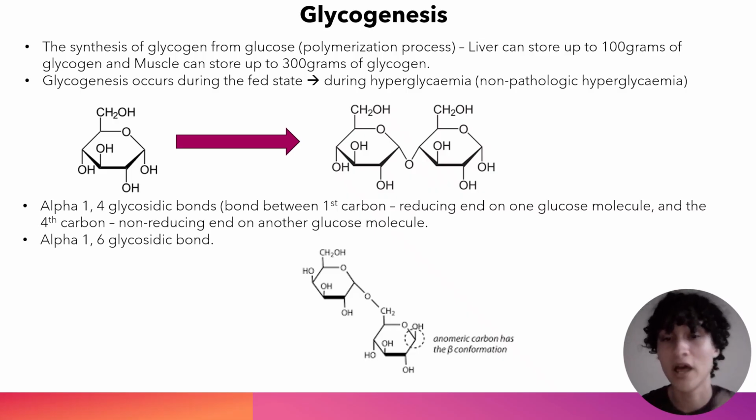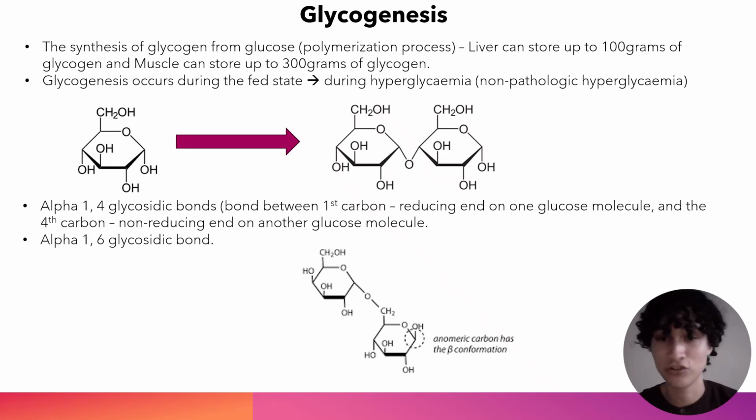And of course, glycogen has glycosidic bonds, but the polymerization process is a little bit more complicated than what's being shown here, because it involves activation through phosphorylation, as most processes in biology do. So what you're looking at here is very simplistic, just to understand glucose as a single sugar.